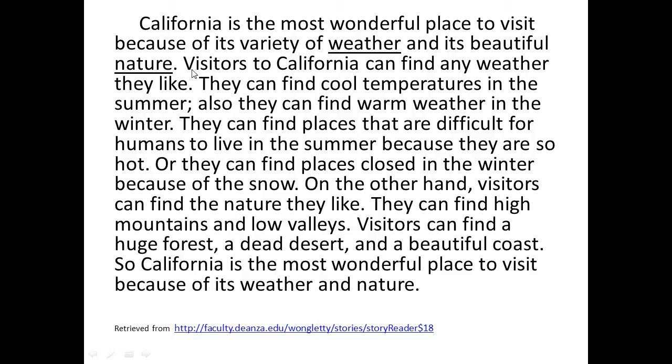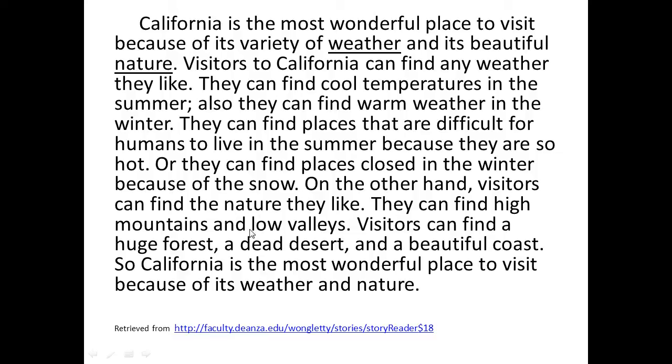Let's take a look. Visitors to California can find any weather they like. They can find cool temperatures in the summer. Also, they can find warm weather in the winter. They can find places that are difficult for humans to live in the summer because they are so hot. Or they can find places closed in the winter because of the snow. On the other hand, visitors can find the nature they like.